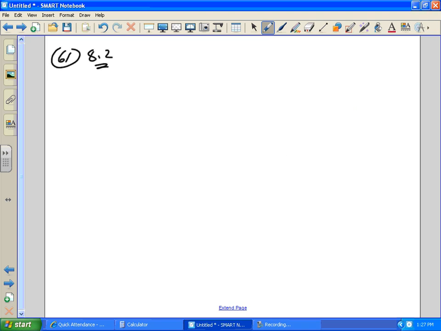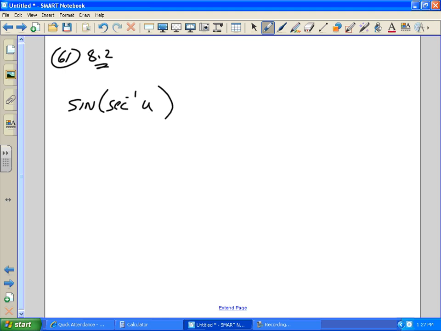61 on 8.2, where the sine of the inverse secant of u. Write each trigonometric expression as an algebraic expression in terms of u.